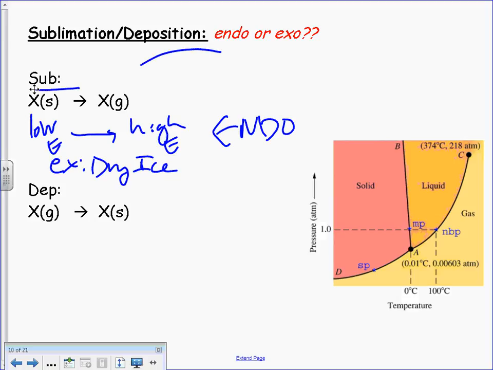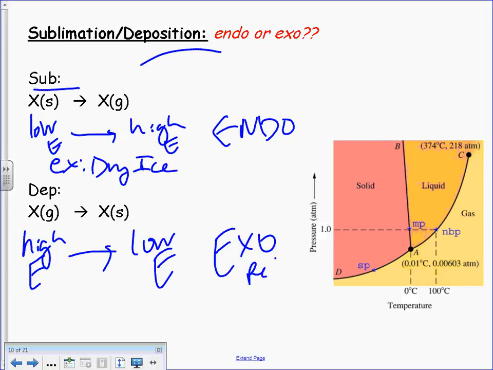Deposition is the opposite of sublimation, and it's going from a high energy gaseous state to a low energy solid state. So does it take energy in or does it release energy? Release is good because it needs to get rid of the excess energy to get back to the low energy state. And releasing energy is an exothermic process.